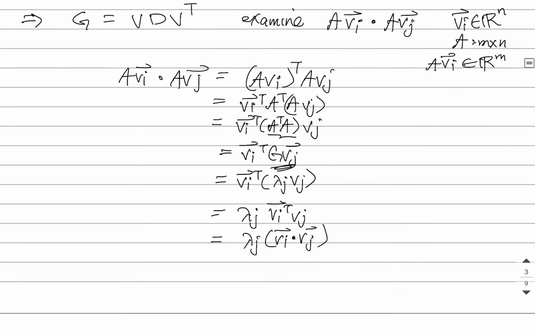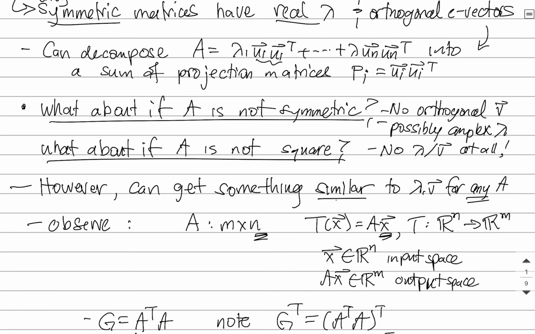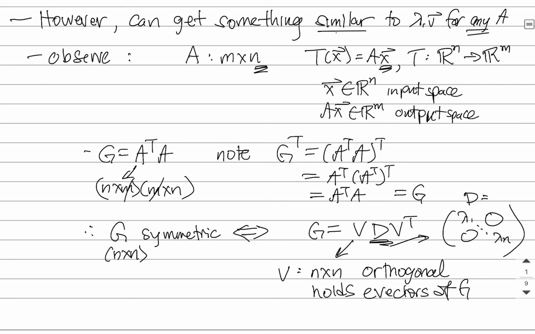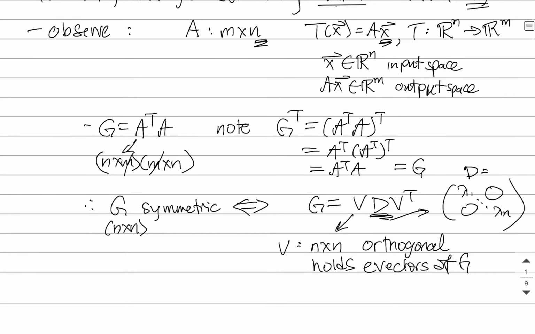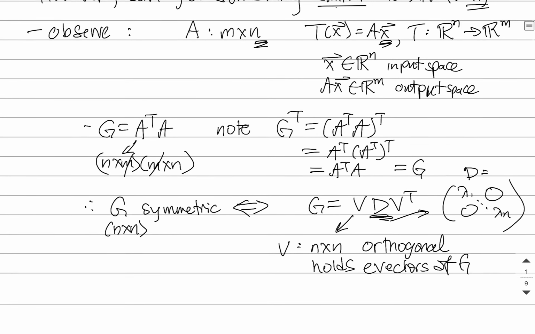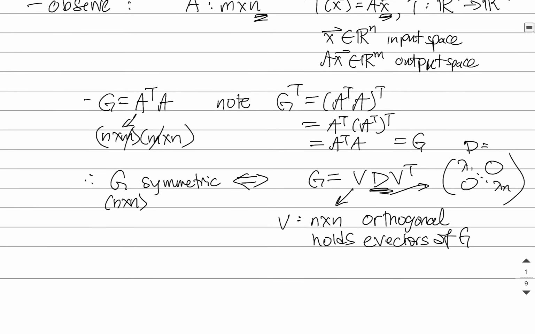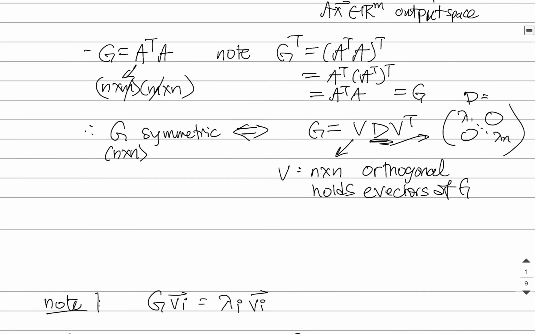So just to recap, we took a matrix. It was rectangular in general. We saw that when we took this product, A transpose A, we produced a symmetric matrix. That means that the symmetric matrix can be orthogonally diagonalized. It has n orthogonal eigenvectors.